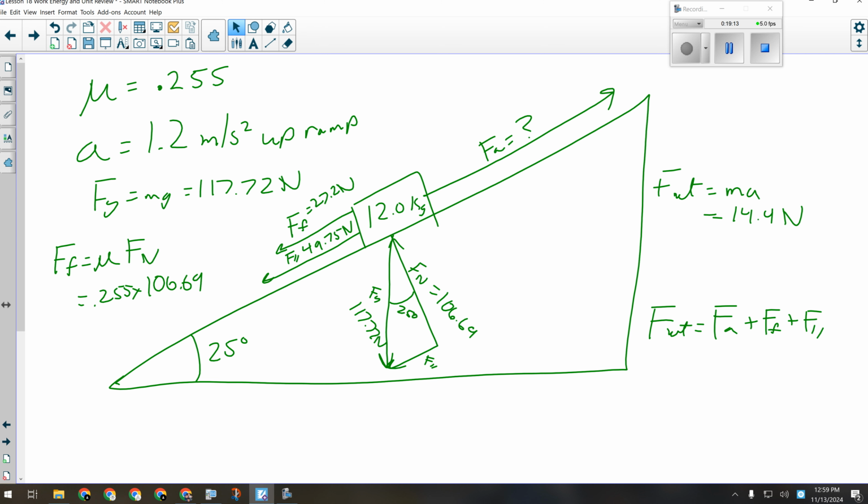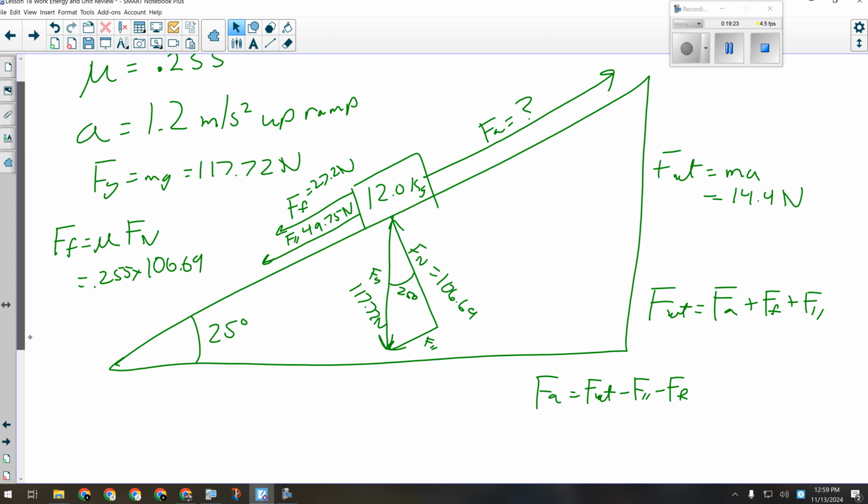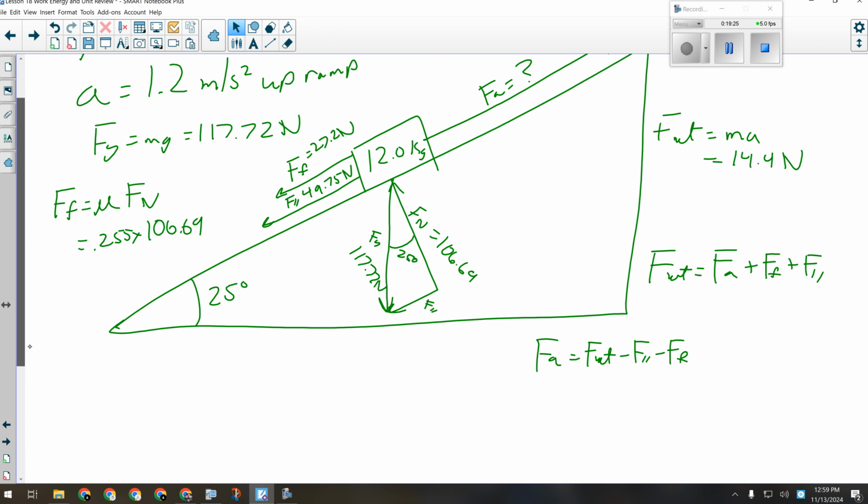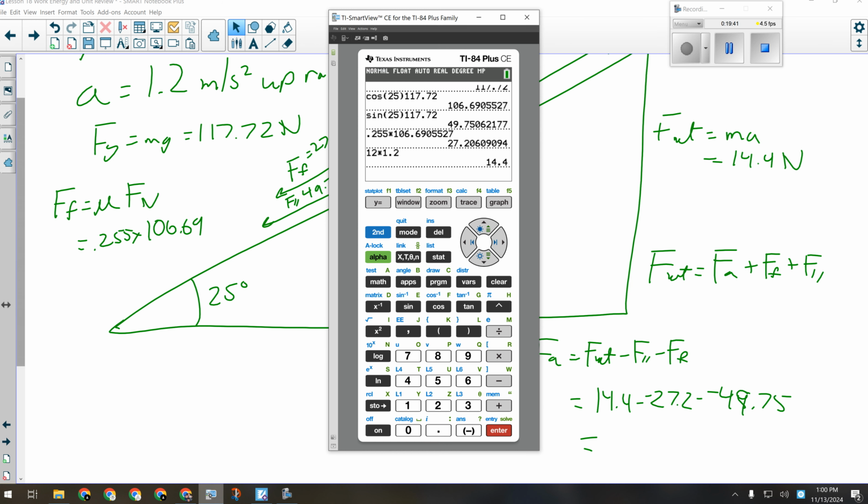When I want to find FA, FA will be F net minus F parallel minus the force of friction. I have to keep in mind that those two are down the ramp, but net force is up the ramp. So I'll have 14.4 minus negative 27.2 minus negative 49.75.